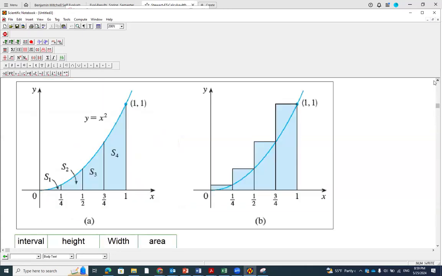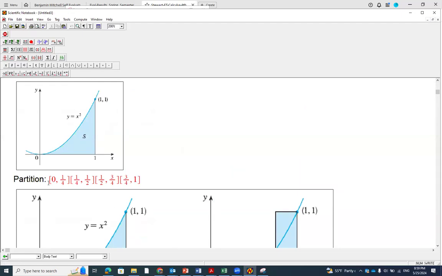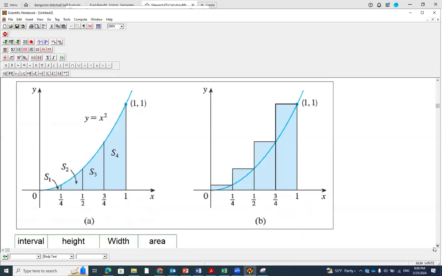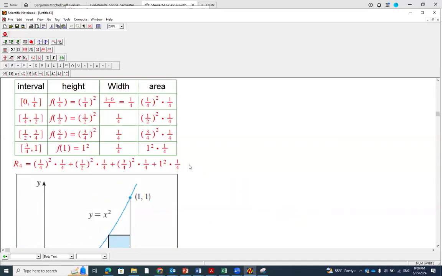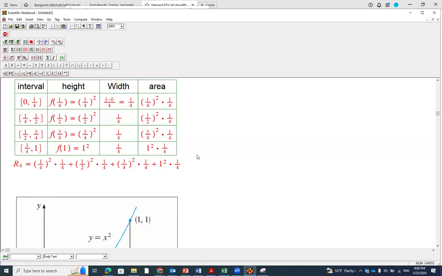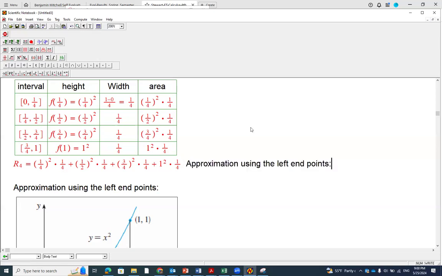So for the same table, for the same four intervals, here is the approximation using the left endpoint, and the previous one was using the right endpoint.